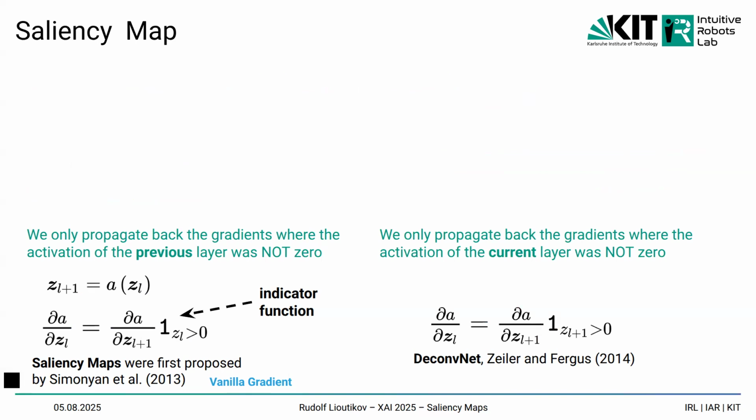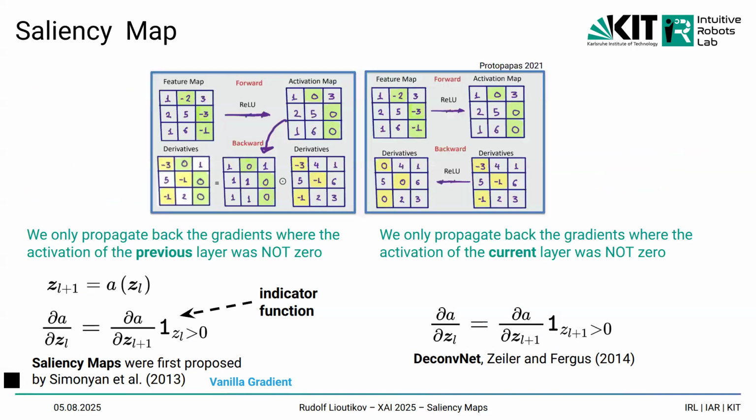If we now look at it illustrated, this is taken from the lecture from Protopapas in 2021. This illustrates the issue. In the saliency maps approach from 2013, the idea is that we see our activation map, and everywhere there's a 0 we don't take the information back, and only where there's non-zero information do we take the information with us when we backpropagate.